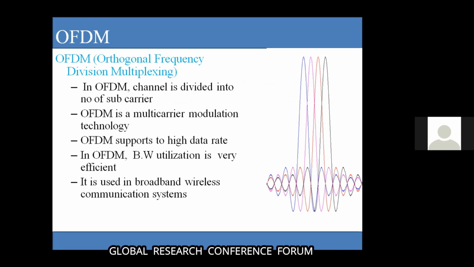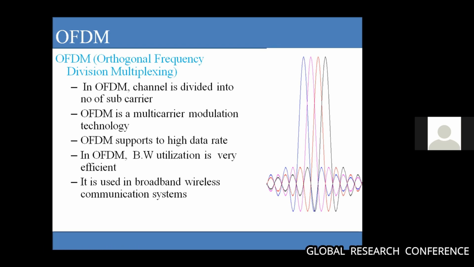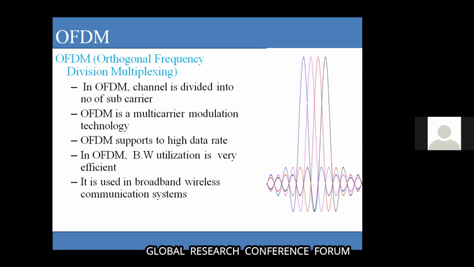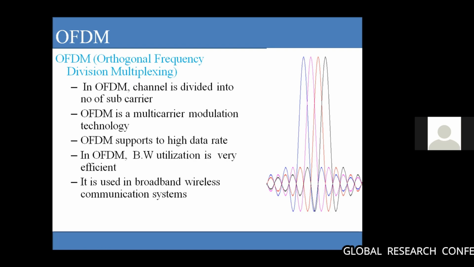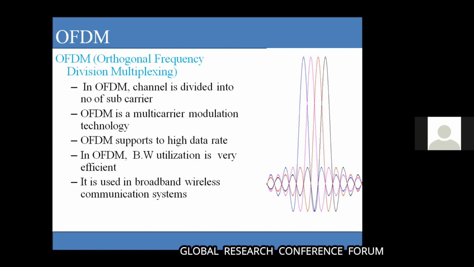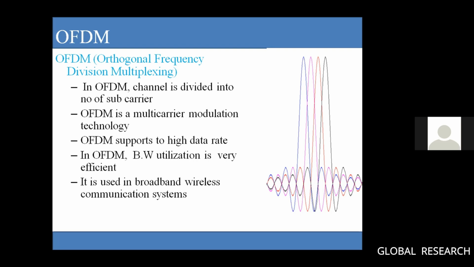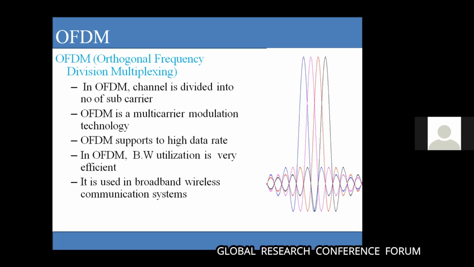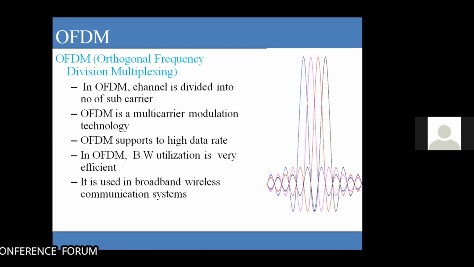Let us see the highlights of OFDM. In OFDM, the channel is divided into a number of subcarriers. That may be 64 subcarriers, or 128, or 256, or 512, like that. That's why it is called a multi-carrier modulation technology. OFDM also supports high data rates, and bandwidth utilization in the OFDM channel is very efficient.